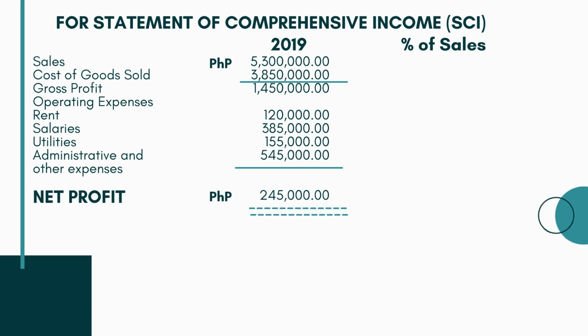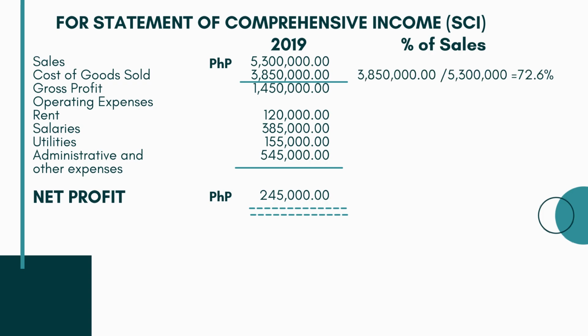Operating expenses: in rent we have 120,000. In salaries, 385,000. Utilities, 155,000. Administrative and other expenses is 545,000. And total net profit is 245,000.